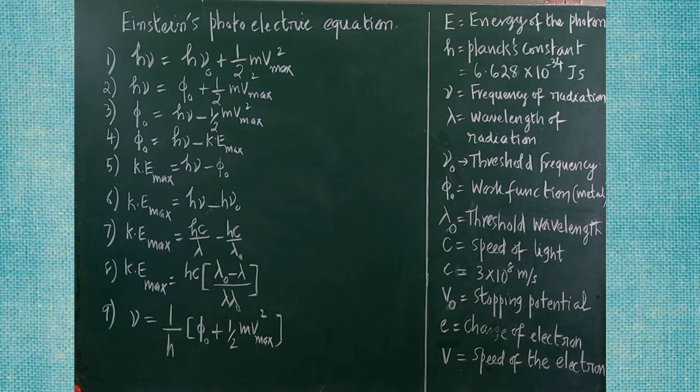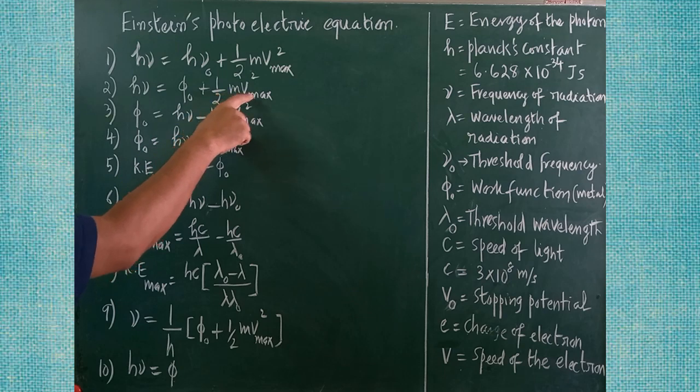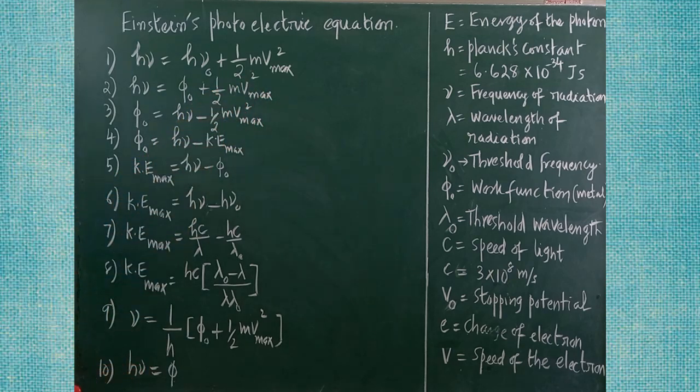Okay. And then totally I have written 9 formulae. So as a 10th one we can write, h nu is equal to phi naught plus, here that half m v max square can be replaced by eV naught.